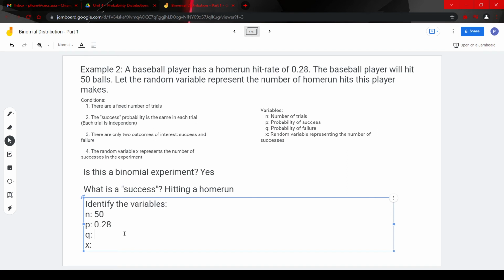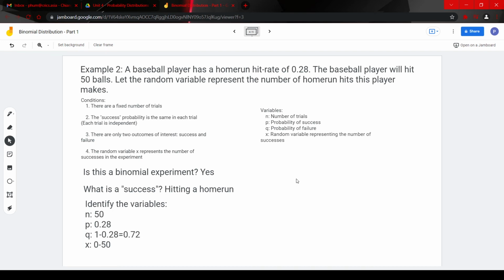Q, which is our probability of failure, would then be 1 minus 0.28, which gives us 0.72. Again, you can write these as 28% or 72%, and that would be fine. X, the number of home runs hit, can be anywhere from 0 to 50. And that would be my variables.